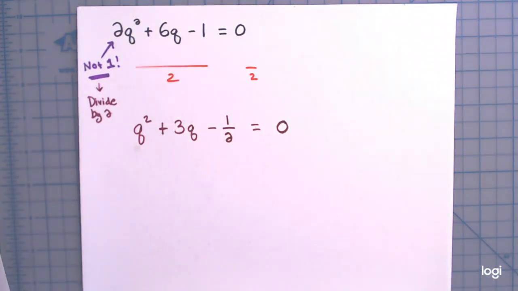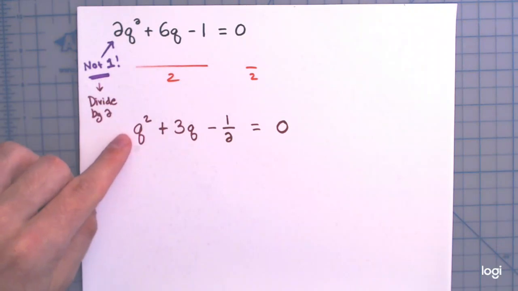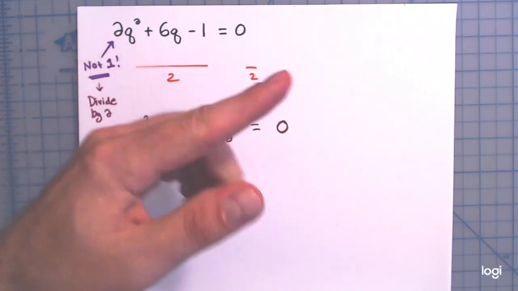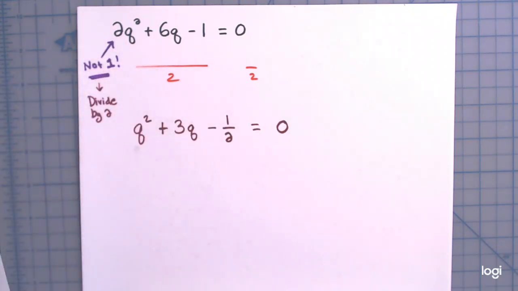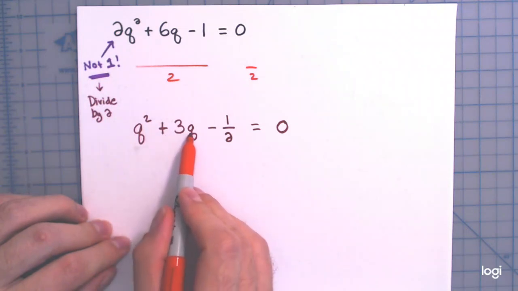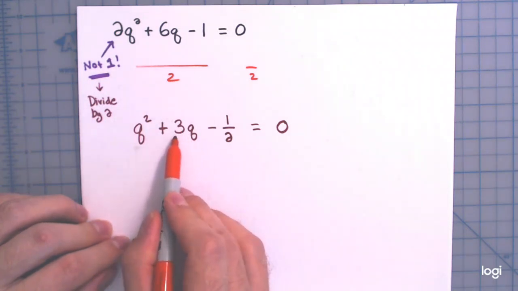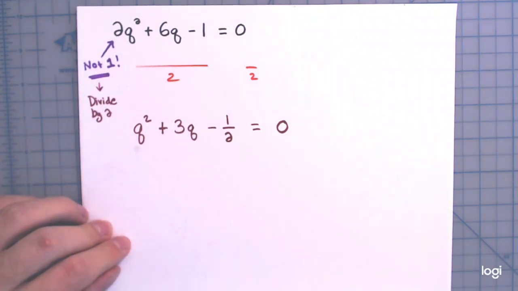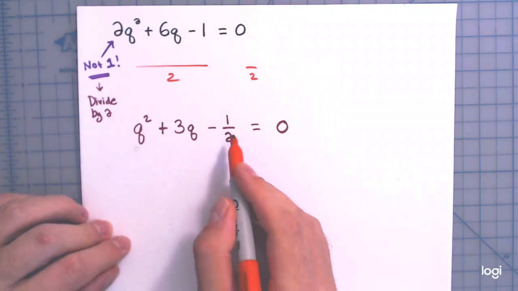Great. So it's very easy to get that coefficient of the square to be 1. Just divide by the lead coefficient. Make it into 1. And now I'm performing the same steps I did for the past two examples. I would like the squared term with the coefficient of 1, and then the first powered term, the positive 3q here, I'd like those on their own side. So I'm going to get rid of this negative 1/2.